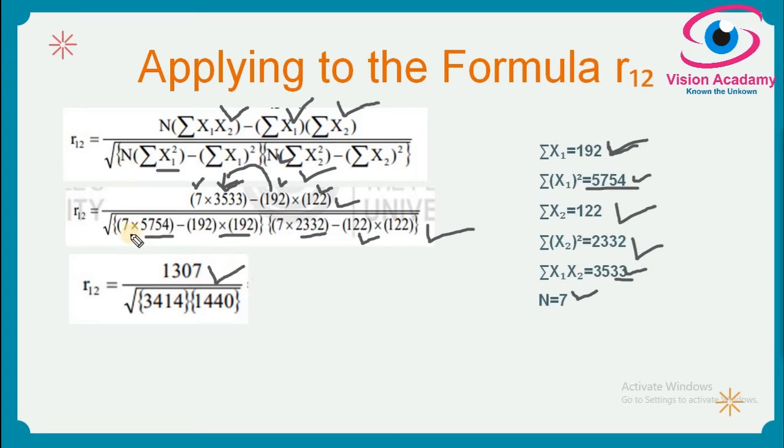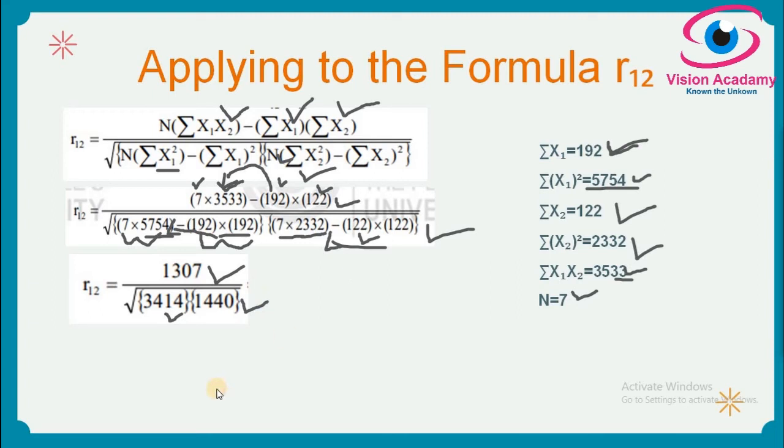In the denominator, firstly I have multiplied 7 into 5754, and thereafter 192 into 192. Then I subtracted this value from this value and got 3414. In the same way, here also I calculated 7 into 2332 first, then 122 into 122. I subtracted this value from this value, then I got 1440.